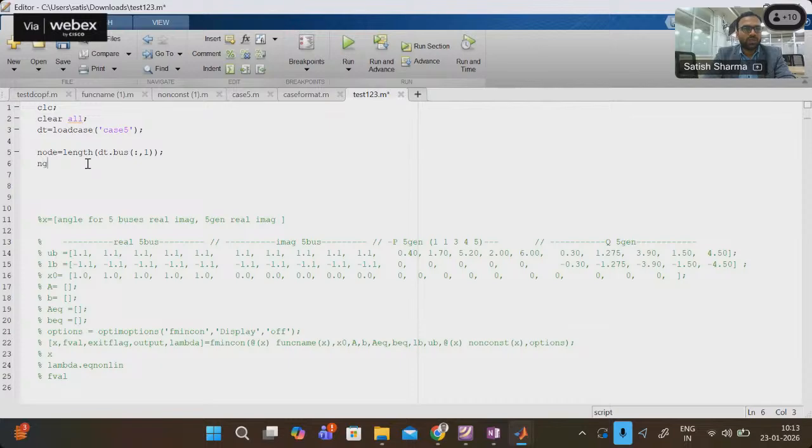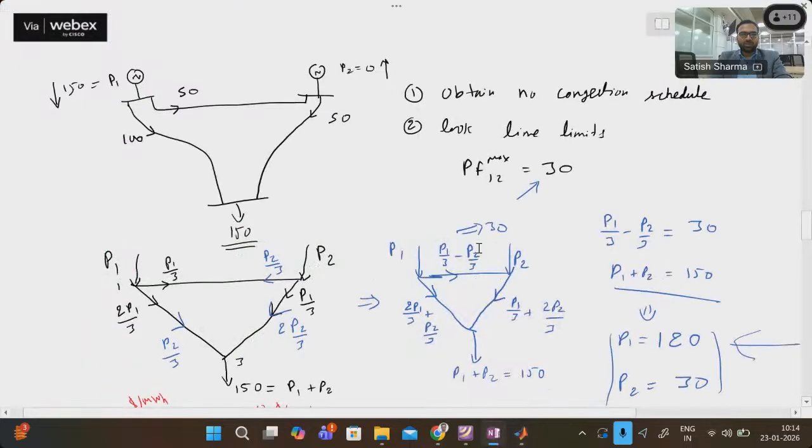Let's say the number of generators. That will be from the generator data; the length of the first column can be given as the number of generators. Now let me define x. So what was x? Let me comment x. X was, for a 5 bus system or a 3 bus system or any system, our formulation, right?